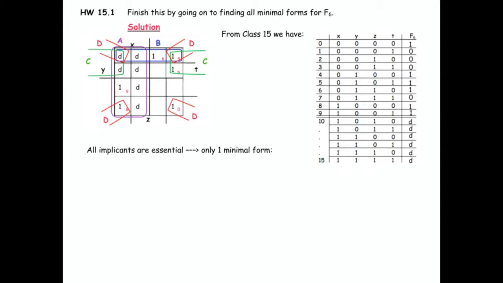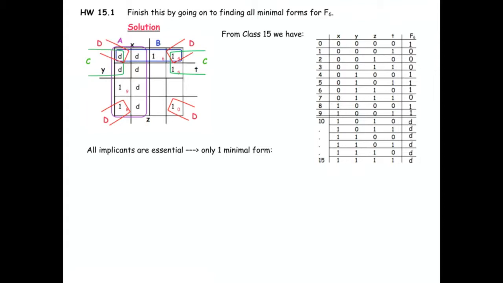And when you have the multiple minimal forms, you can think of it in terms of this: all of those multiple minimal forms will contain the essential prime implicants, and only some of the multiple minimal forms will contain non-essential prime implicants, right?